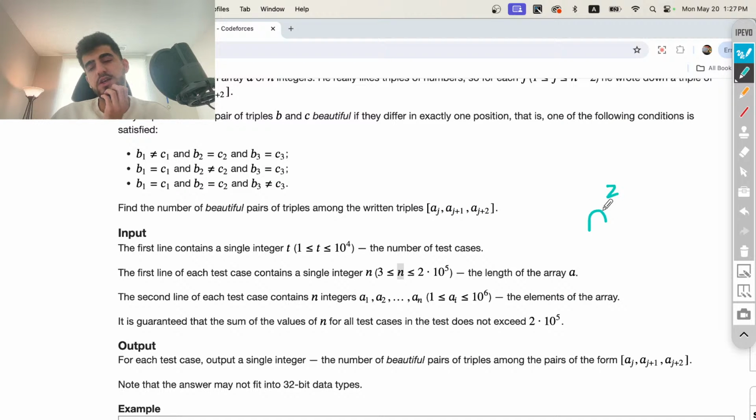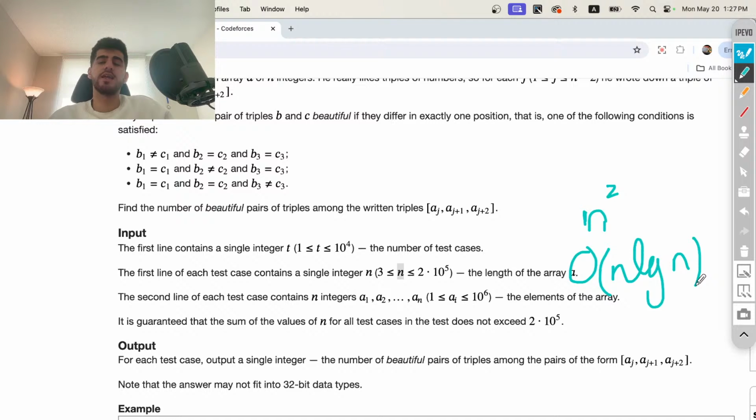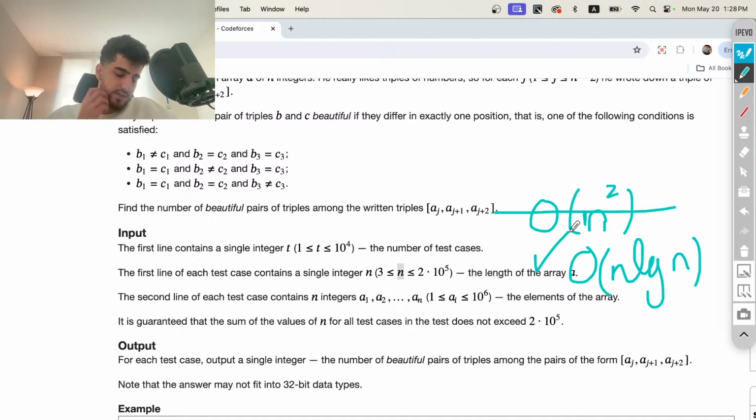However, our algorithm is n log n, because for each element we just do some things with a map and update our answer. The brute force solution is n squared and would get TLE, but this does not get a TLE.